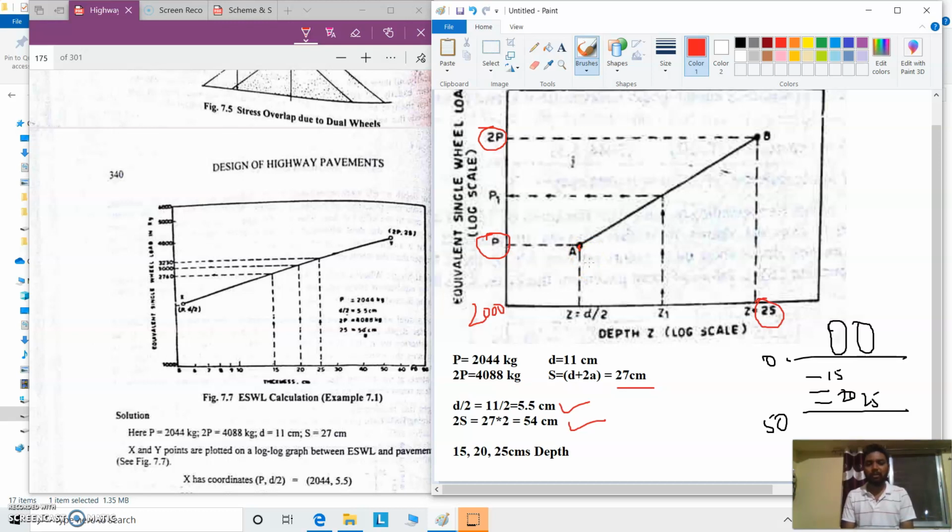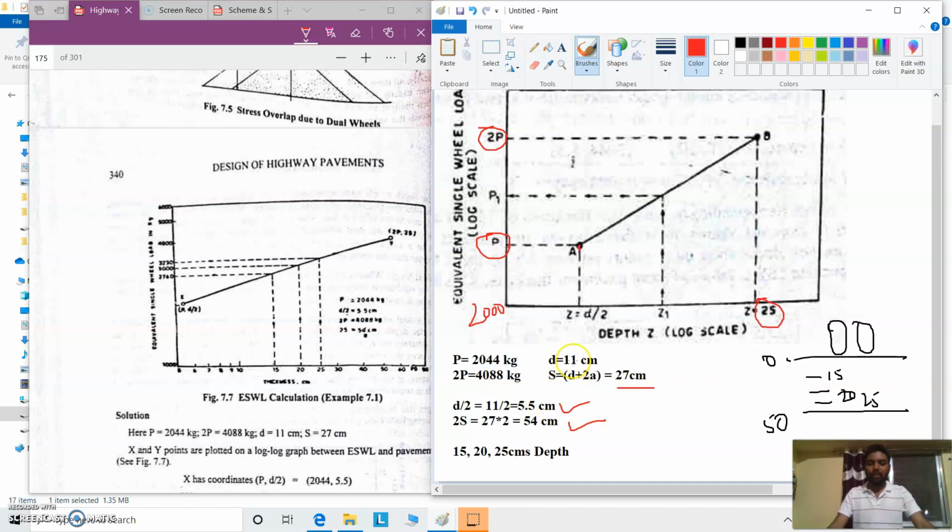Instead, could we draw this graph on a normal graph? At a particular depth we may have to choose any value in between D by 2 and 2S, and in our problem D by 2 is 5.5 centimeters and 2S is 54 centimeters.